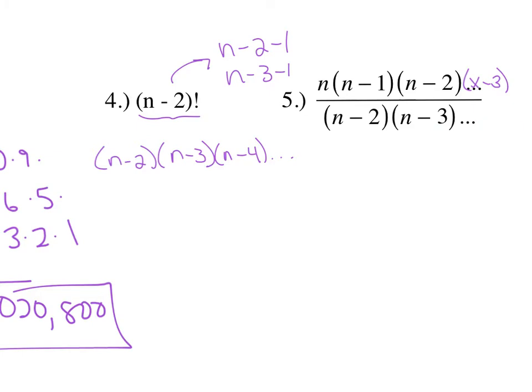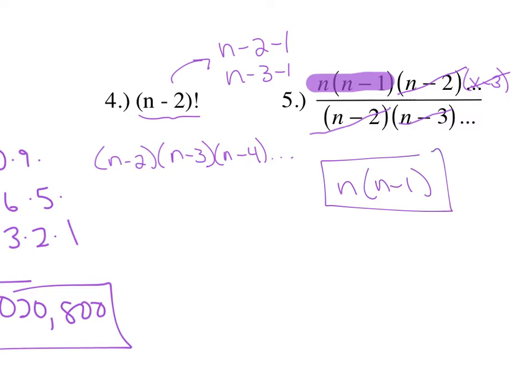So it's pretty safe to say that the n minus 2 here cancels out with that factor that's in the numerator. N minus 3 will cancel out with the n minus 3. The n minus 4, if you were to continue, would cancel out. So everything would cancel out in this one except for n times n minus 1. So that would be your answer.